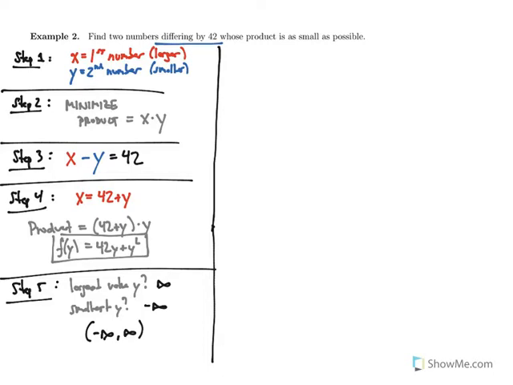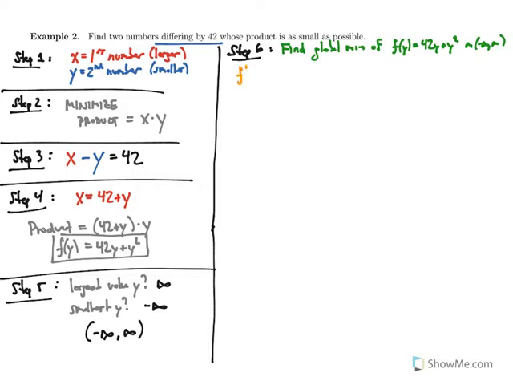All right, so step 6, now we have to find the global minimum of f of y equals 42y plus y squared on the interval negative infinity to infinity.